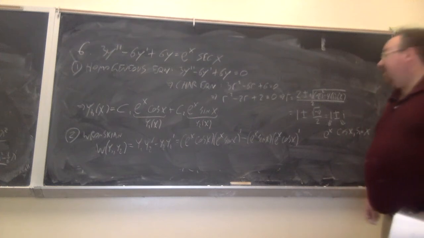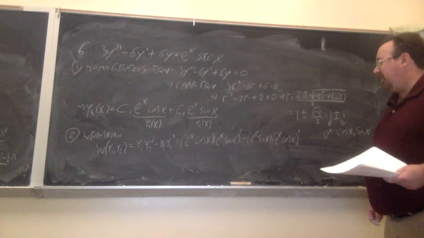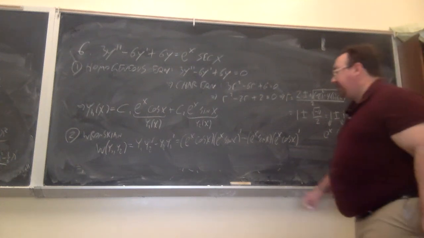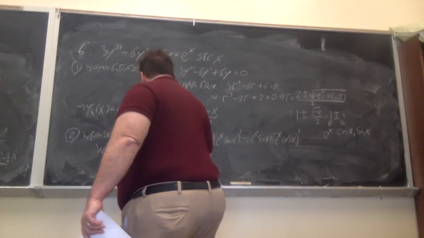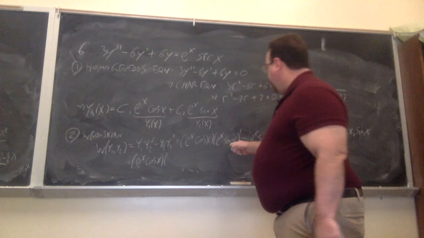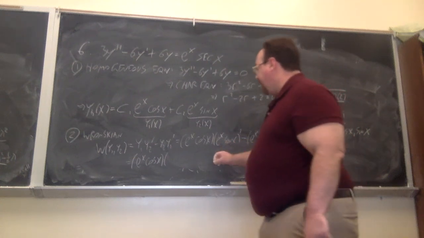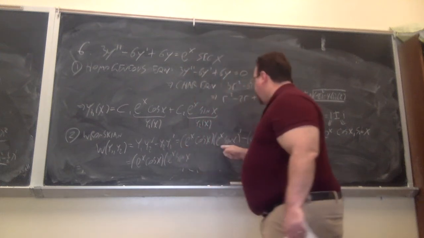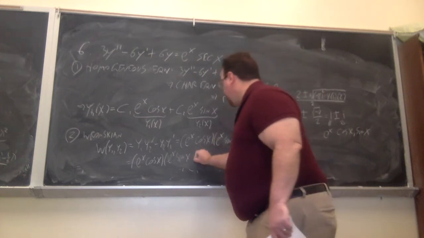Okay, now we need the derivatives. Because of e to the x sine x or e to the x cosine x, you need a product rule. So that'll give me e to the x cosine x from before, and I'll have sine x times the derivative of e to the x, but that's just e to the x, plus e to the x times the derivative of sine, which is the cosine.